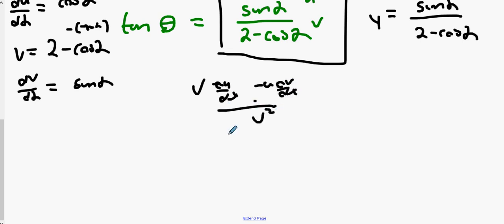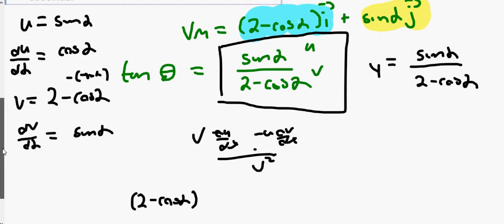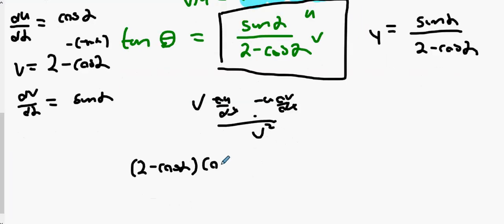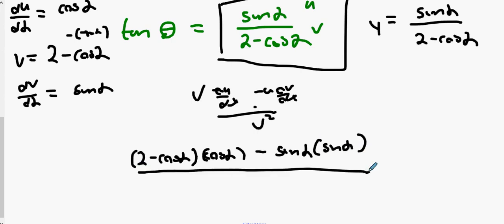So let's do that. So we're going to get 2 minus cos alpha times du d alpha, which is cos alpha, and then minus u, which is sin alpha, times another sin alpha, all over 2 minus cos alpha squared.